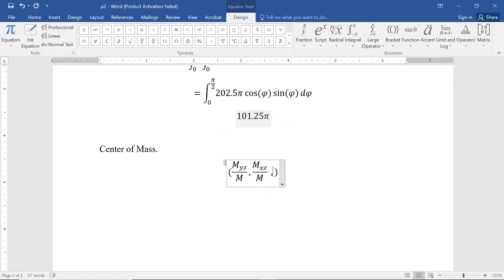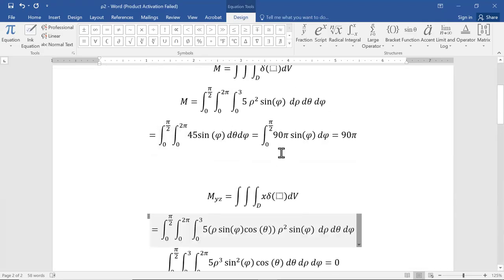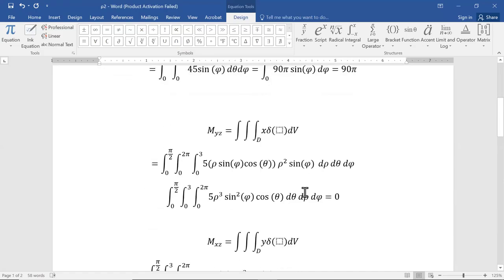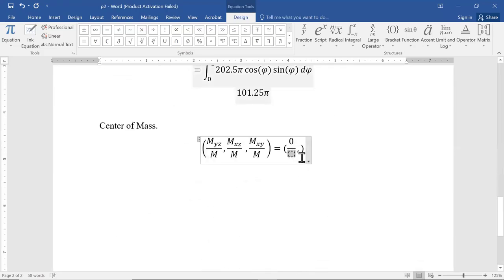And the third coordinate, the Z value, is given from the moment from the XY plane divided by the mass. In our case, those first two moments are 0, so we get 0 divided by anything. Well, if you remember way back when, the mass was 90 pi. So 0 divided by 90 pi is your x value. 0 divided by 90 pi is also your y value.